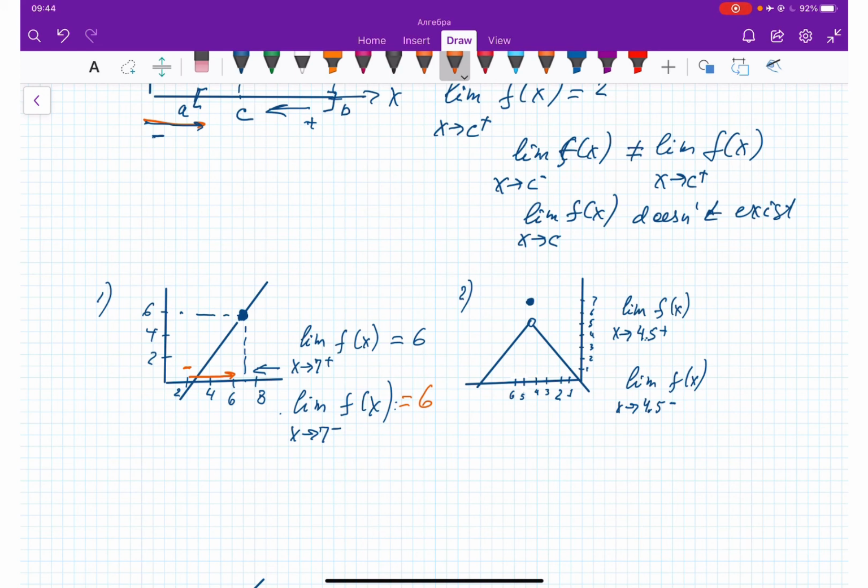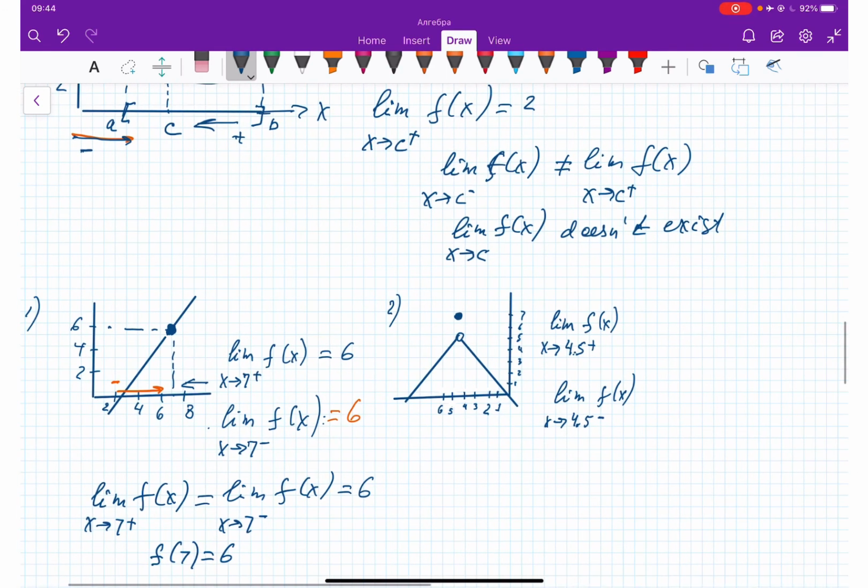It does exist, right? It's equal to 6. So when the limits are the same, the limit of f of x as x approaches 7 from the negative side and from the positive side is equal to 6. Therefore, it is continuous. Plus, f at the point of 7 is also equal to 6, right?